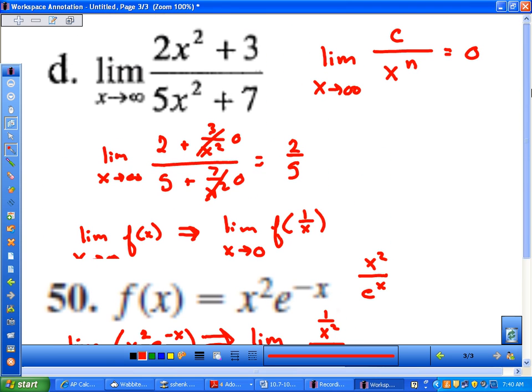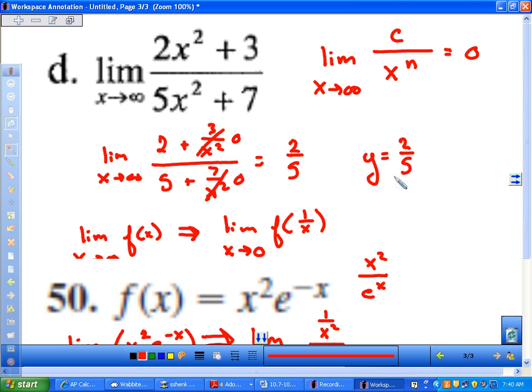I want to come back up to this one again, though. So since there is a limit as x goes to infinity, then what can we say about the line y equals 2/5? What does that line y equals 2/5 represent? It's our horizontal asymptote. It's our end behavior model.